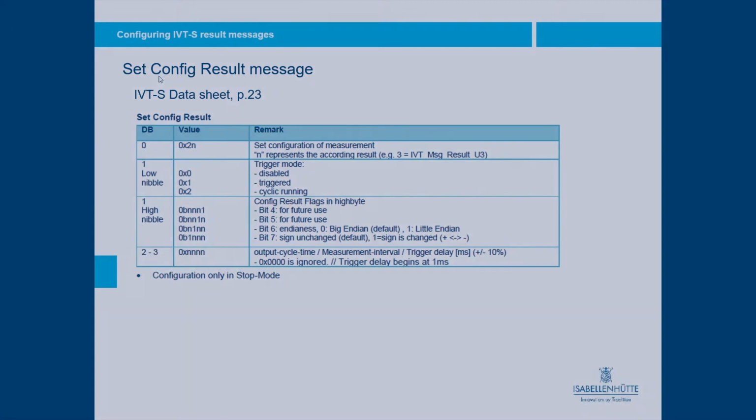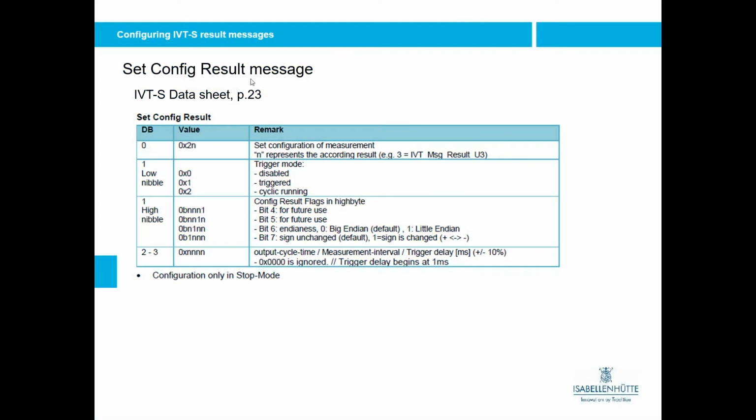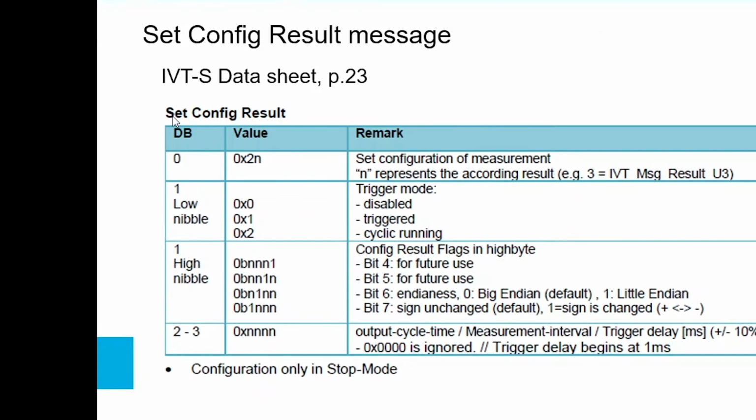Now we want to talk about how to set the config result message to configure the second voltage channel to a cyclic measurement of 60 milliseconds. This procedure can be looked up on page 23 of the IVT-S datasheet in the section Set Config Result.